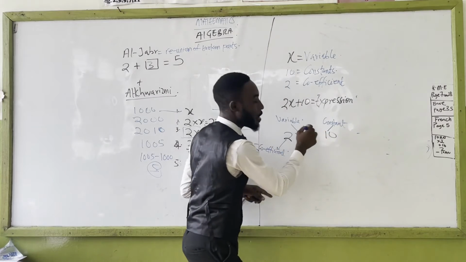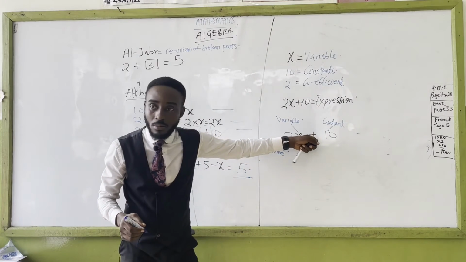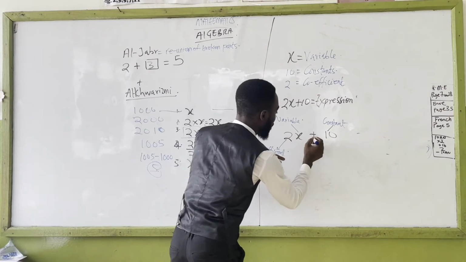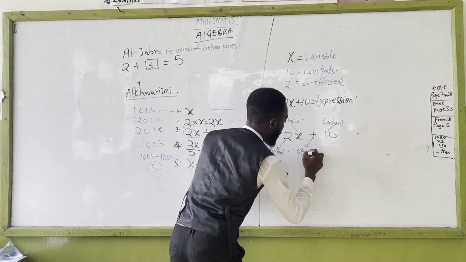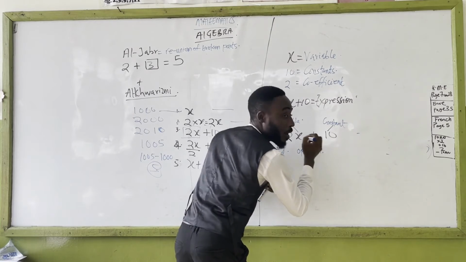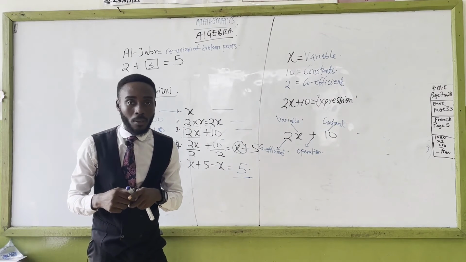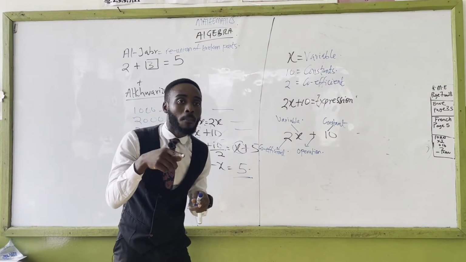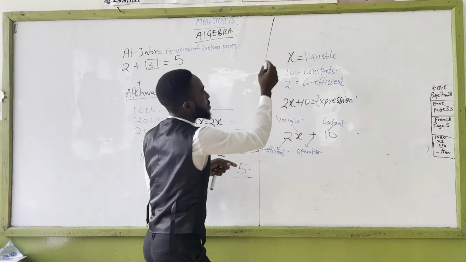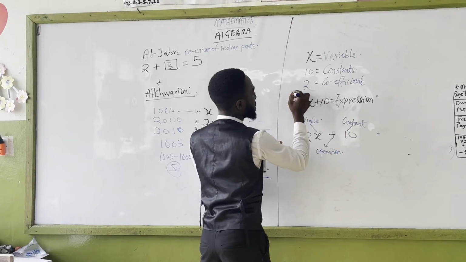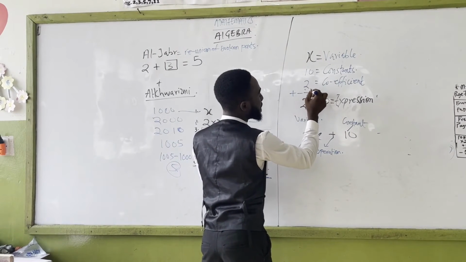Now, what is this thing called? An operation. Good. So this is an operation. What other thing can be an operation? Minus. So the operations are plus, minus, division, multiplication.